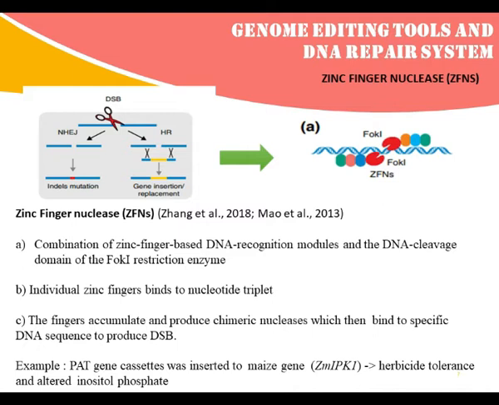Individual zinc fingers will bind to nucleotide triplets, and the fingers will accumulate and produce a chimeric nuclease, which then binds to the specific DNA sequence to produce double-strand breaks. An example of ZFN is the PAT gene cassette inserted into the maize gene to produce herbicide tolerance and altered inositol phosphate.